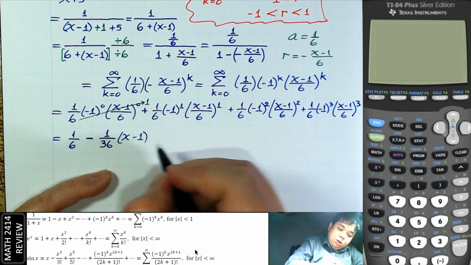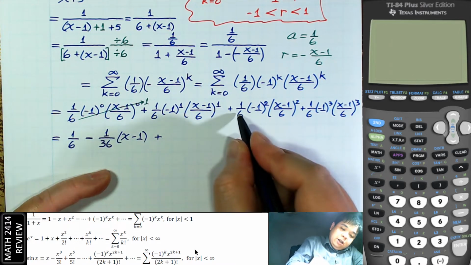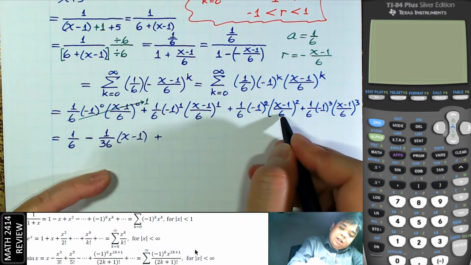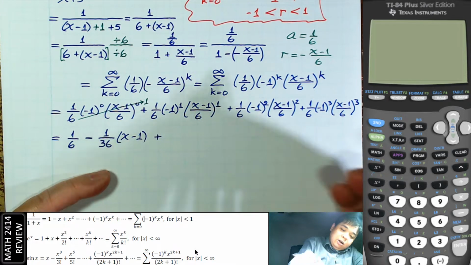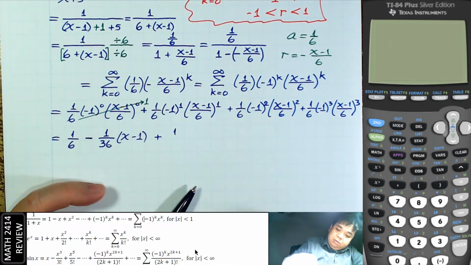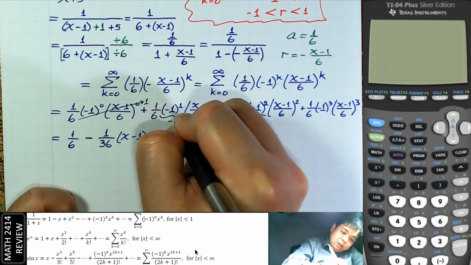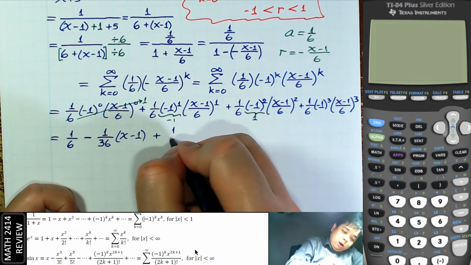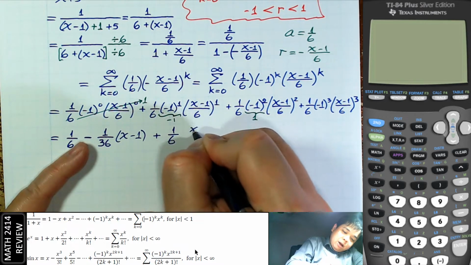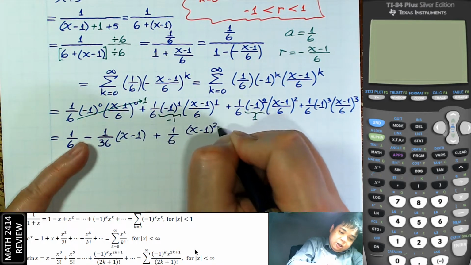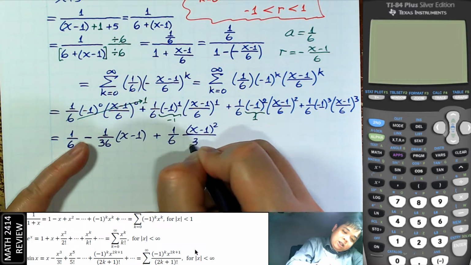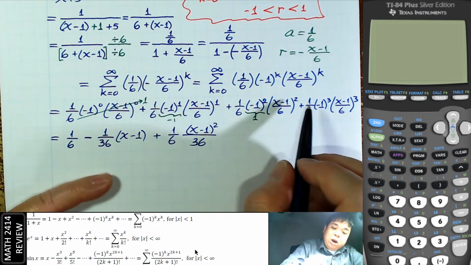Next, negative 1 squared, that is positive. 6 here, and then 6 squared. This is 1, this is negative 1. So we just have 1 over 6, and then x minus 1 squared. 6 squared is 36, so square of the top, square of the bottom.